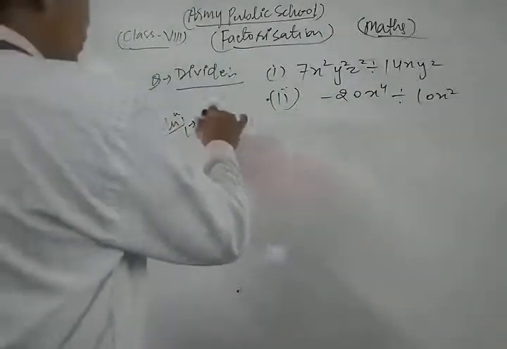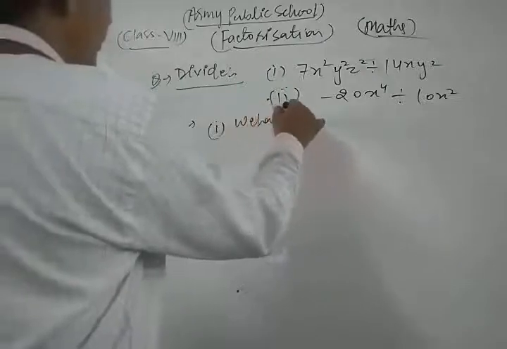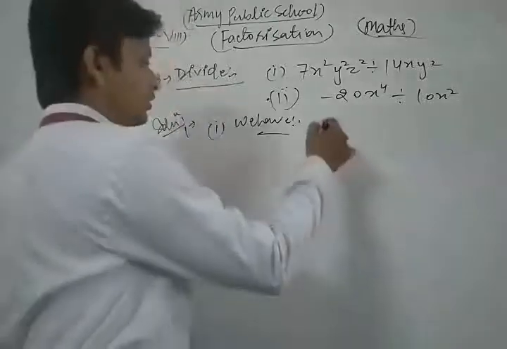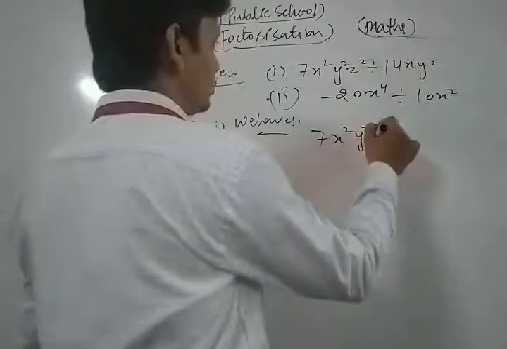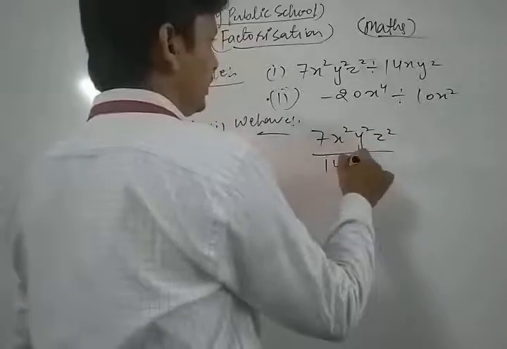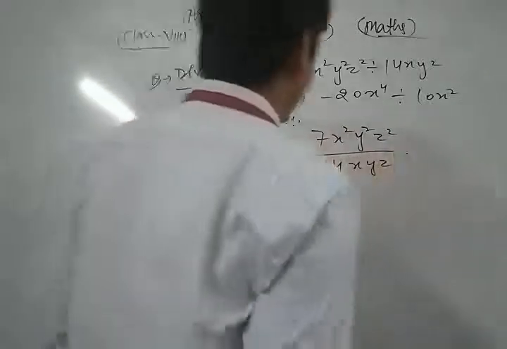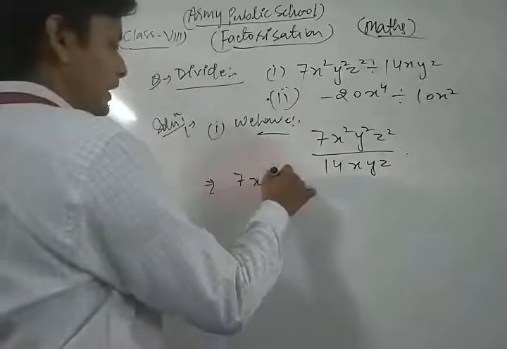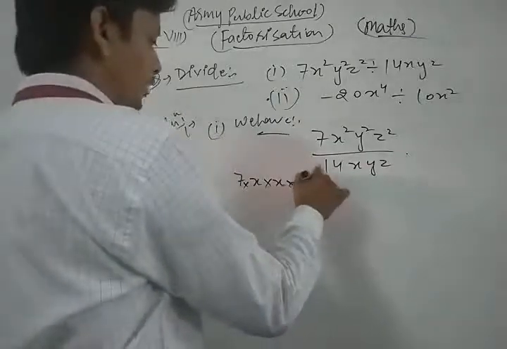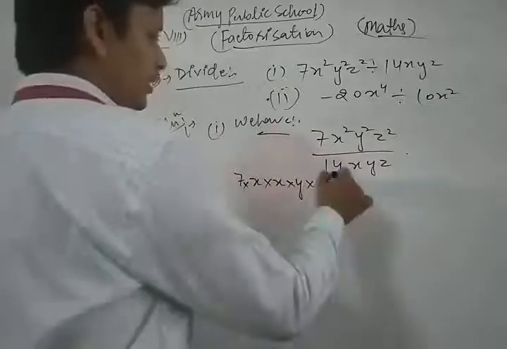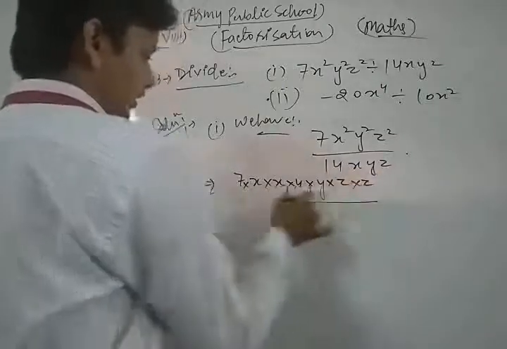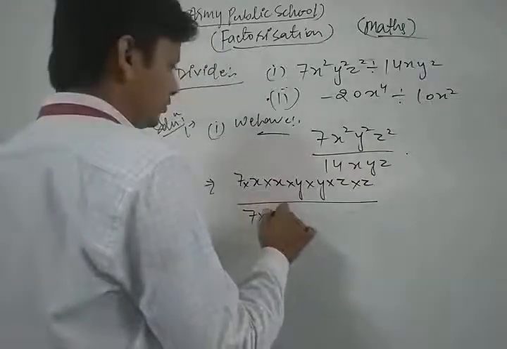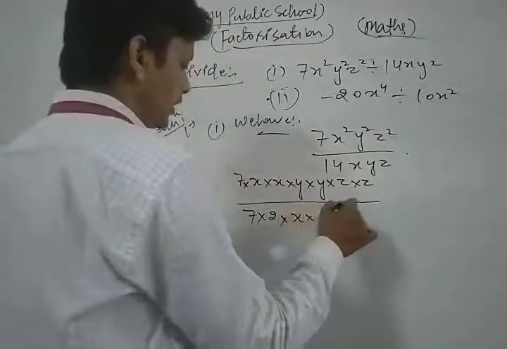We take the first part of this question. We have 7x square y square z square divided by 14xyz. Now look what I do for that. This is 7x square, write x into x, y square write y into y, we just factorize them, and z square is z into z, divided by 14, we can write 7 into x into y into z.